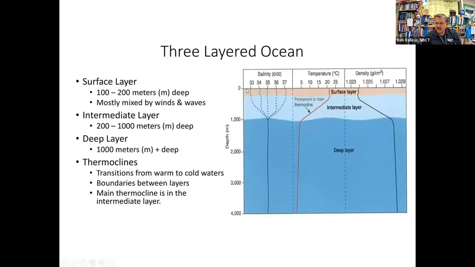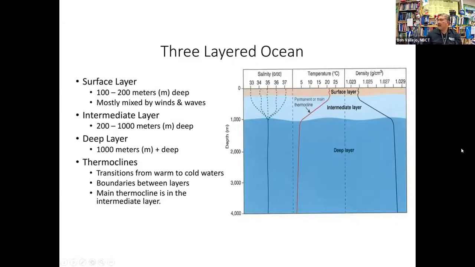In the surface layer, you have a certain expectation of temperature near the surface, so you expect it to be warmer. And then at the deep layer and the bottom layer, the temperature of the water is much lower. In the intermediate level, as far as temperature goes, you see a gradual decrease in temperature and a gradual increase in the density of water.